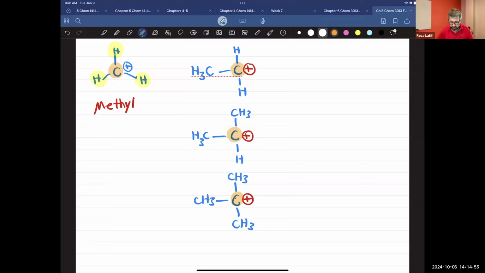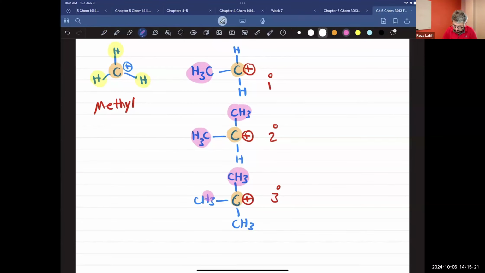Now there is a carbon attached to it. If you have only 1 carbon, that's going to be a primary carbocation. Primary, we show it by 1 with a degree sign on top of it. If you have two carbons attached to it, it will be secondary, and if you have 3 of them, it will be tertiary. Look at the number of methyls that they are attached to.